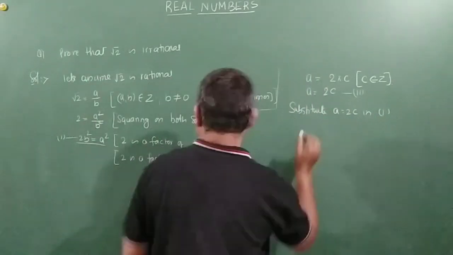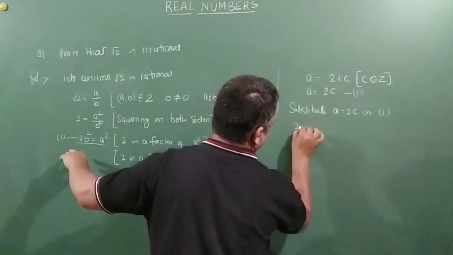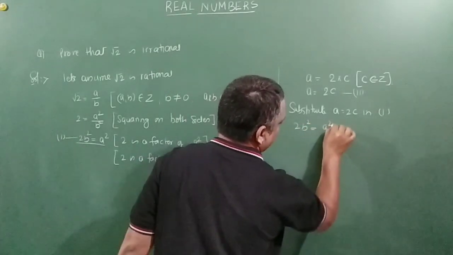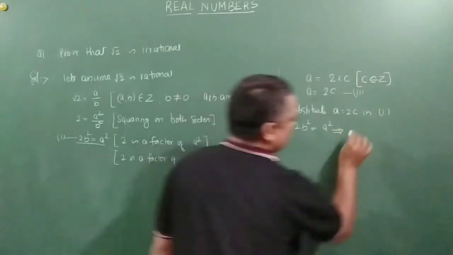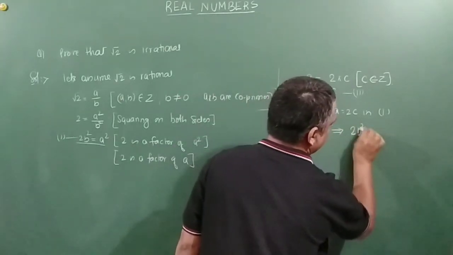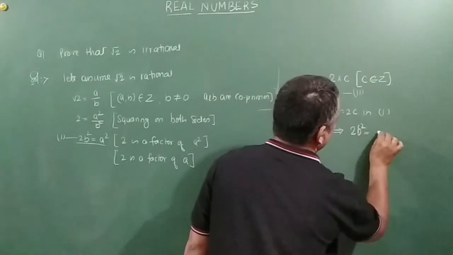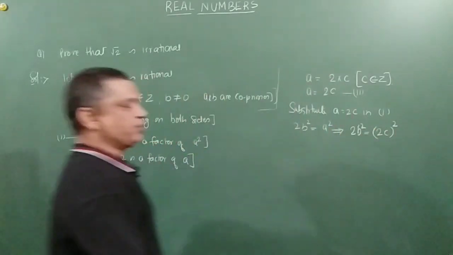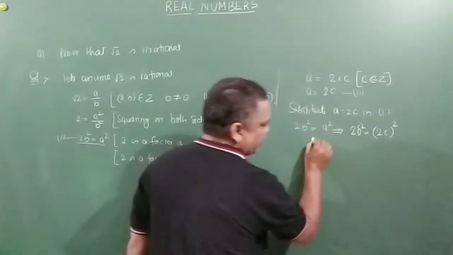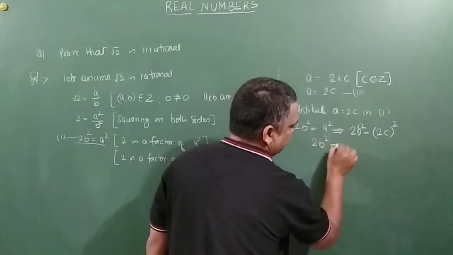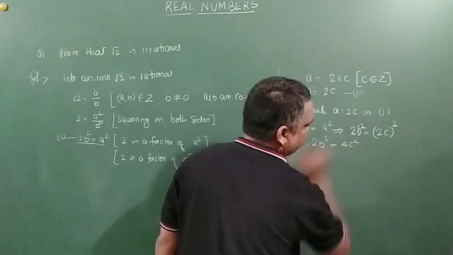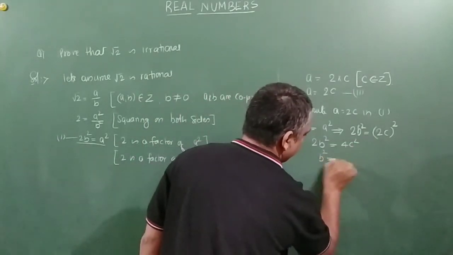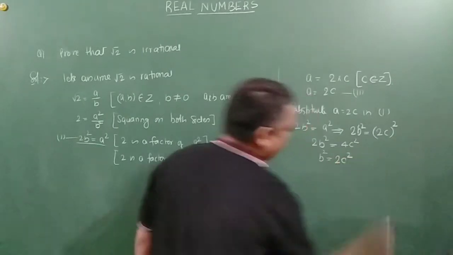So 2b square is equal to a square, which implies 2b square is equal to 2c whole square. I have substituted it now. So this becomes 2b square is equal to 4c square. After squaring it and cancelling 2 on both the sides, b square is equal to 2c square.